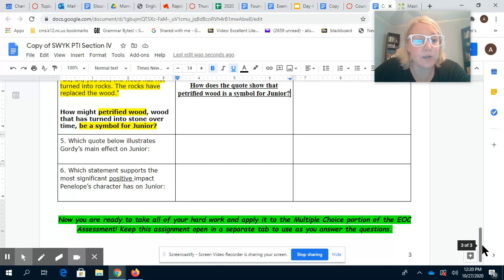And number 6, which statement supports the most significant positive impact Penelope's character has on Junior? Oh, and I see positive is underlined, so that is important. All right, very good. So we're going to pause the video now, and you guys are going to complete number 5 and number 6, and then you'll meet back with your teacher, and then you will complete step 3. So go ahead and pause the video, and then I'll see you in a second.